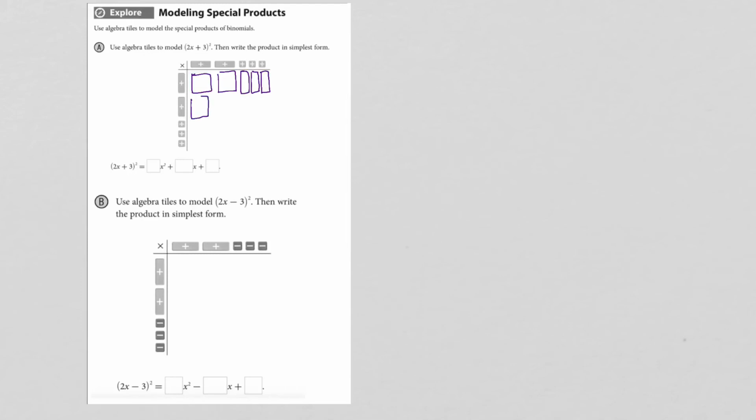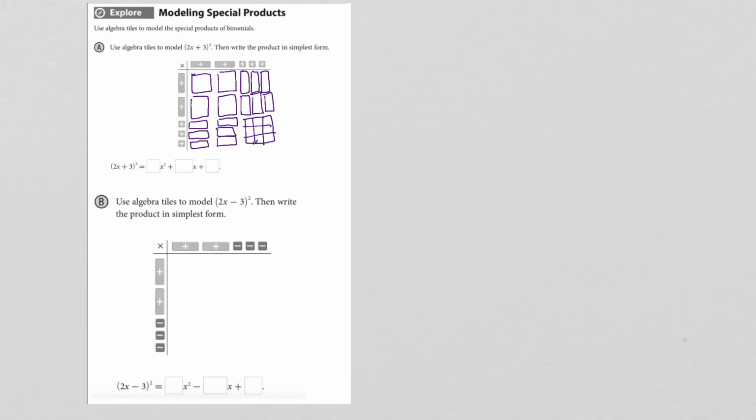And so all of these are going to be x squareds. These are going to be some more x's. And these are going to be some more x's. And I'm just drawing all these little tiles the fast way.